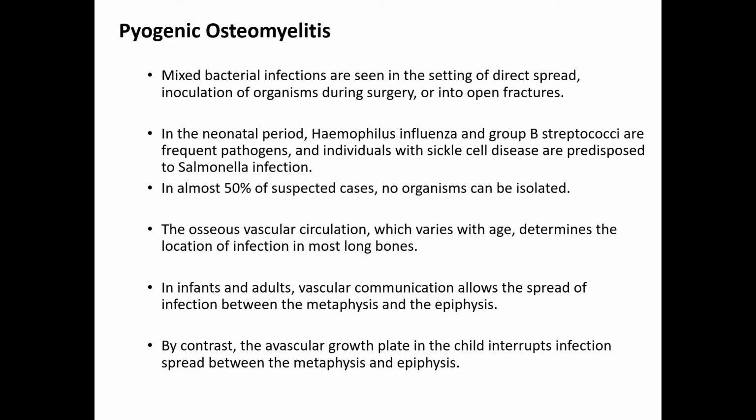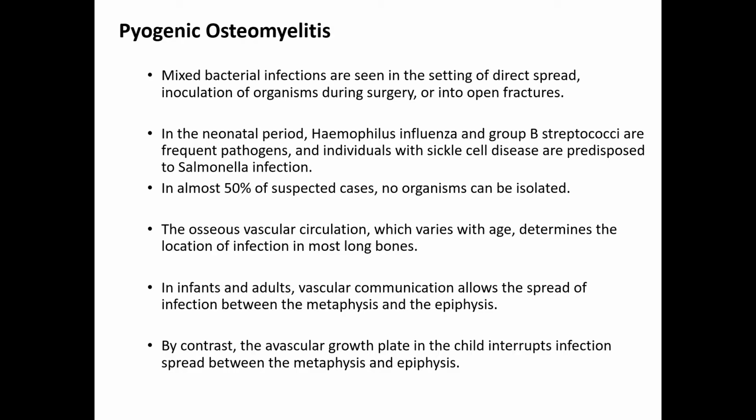In the neonatal period, Haemophilus influenzae and group B streptococci are frequent pathogens, and individuals with sickle cell disease are predisposed to salmonella infection. يعني إذا احنا حكينا عن كل كاتيجوري، حكينا عن النيونيت، حكينا على الأوبن fracture، حكينا على الأورثوبيديك سيرجري، حكينا على الانترافينوس drug abusers، حكينا على those who are عندهم UTI. كل categories of each category of those patient or person, they have certain type of pathogen that can cause osteomyelitis. هاي الفكرة. In almost 50% of suspected cases, no organism can be isolated.